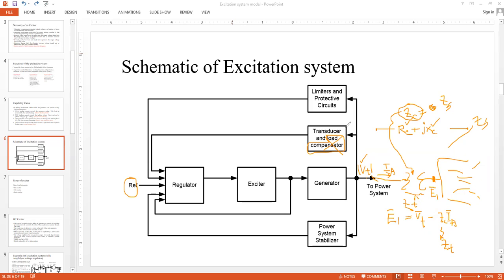In this way, the load compensator helps us get the information about the drop due to the load current in different parts of the power system, and extract the corresponding voltage information away from this terminal, either into the generator or away from the generator into the power system. In both cases, we can play with the RC and XC values, take the corresponding value of V and feed it back to the regulator. Any question?